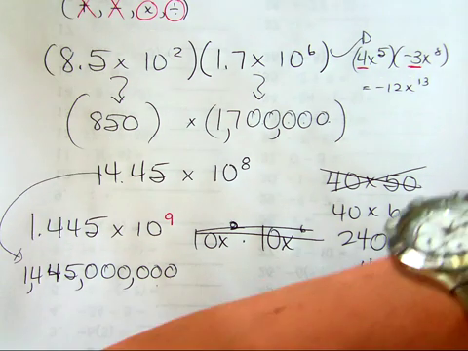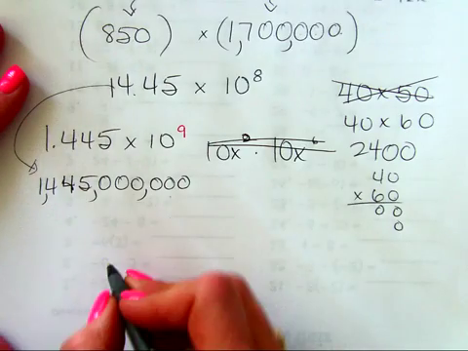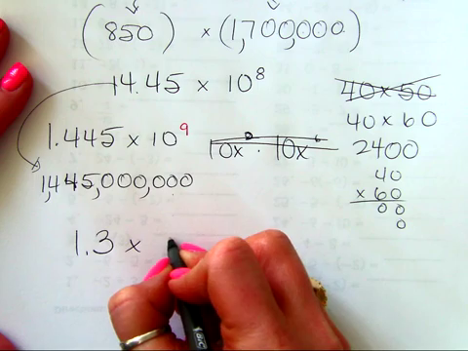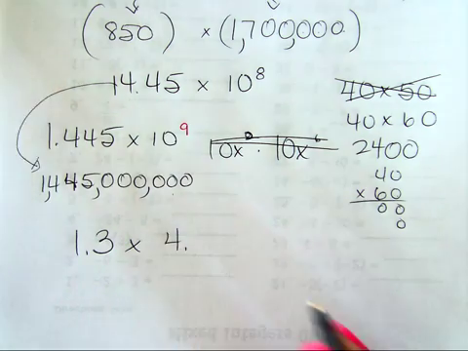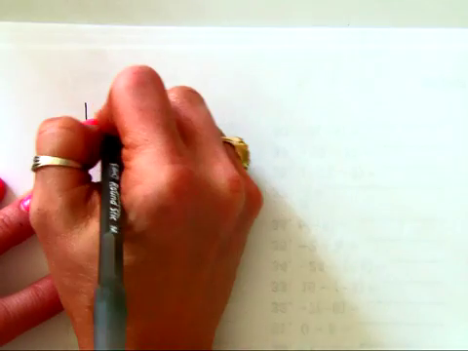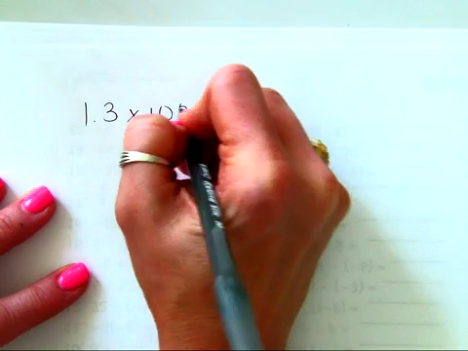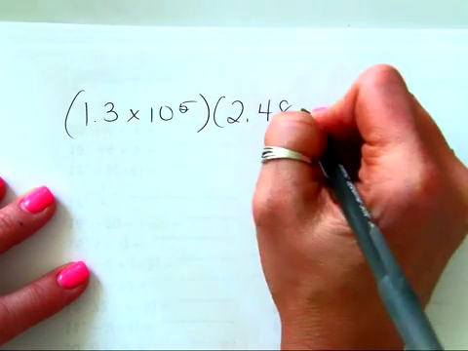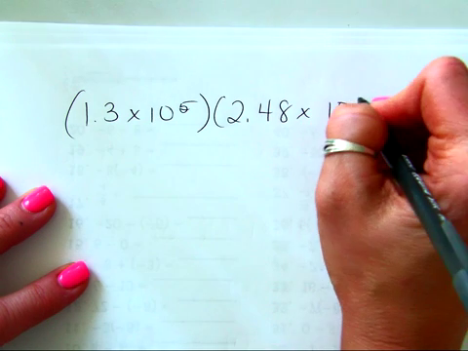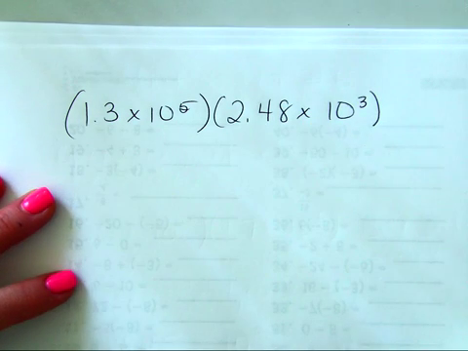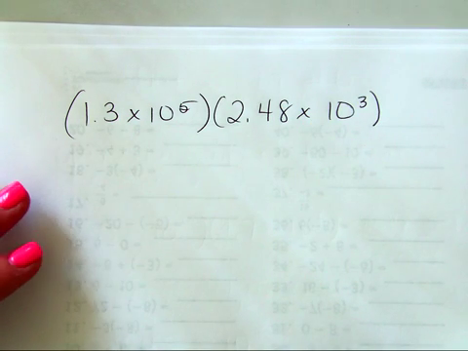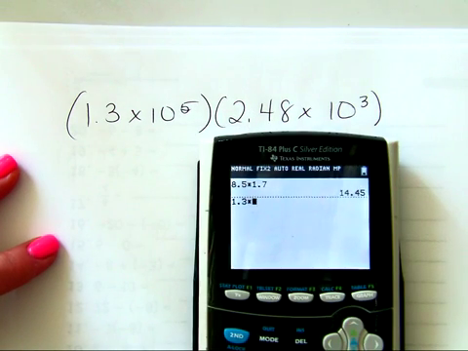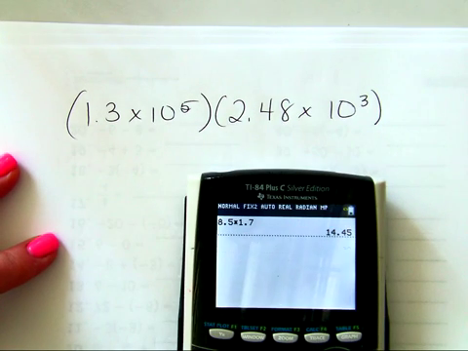Okay, let's just do another one so we can kind of get the hang of this here. So let's take 1.3 times 10 to the 5th times 2.48 times 10 to the 3rd. Okay? So you start off with this, and you multiply 1.3 times 2.48, and you get 3.22.